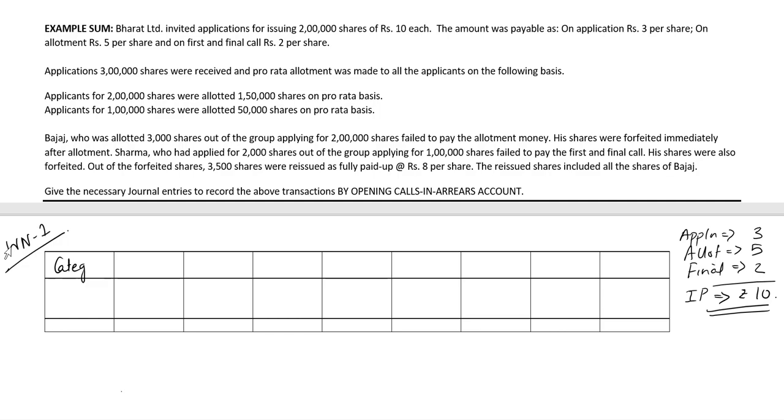The first column, category. Next column, number of shares applied. Number of shares allotted. Application money received.